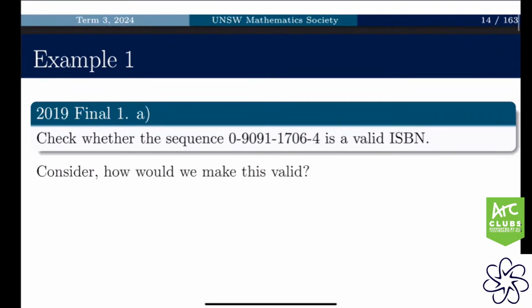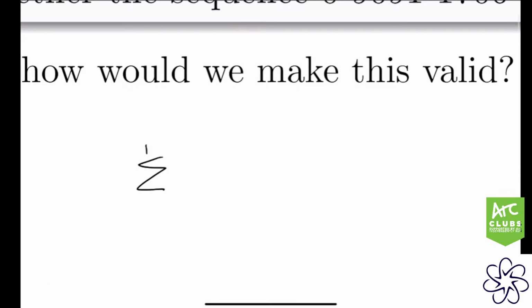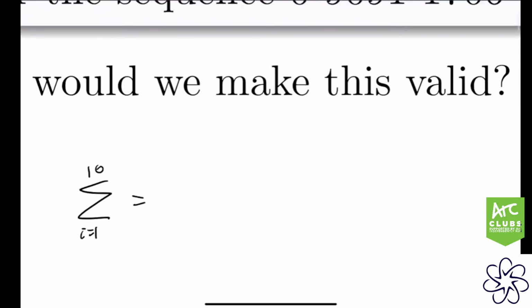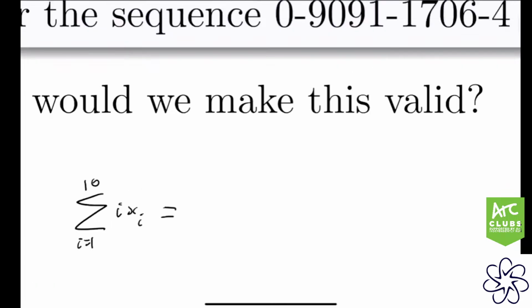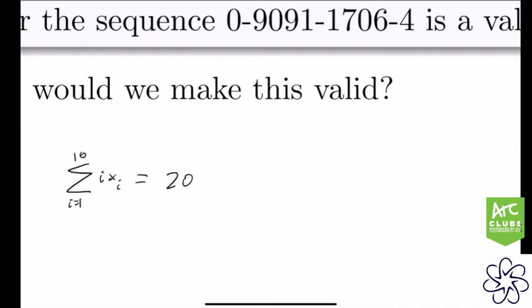So in this example, we can take the check bit and transform it. So we know that the first 10 numbers summed together, or the syndrome of the code, is going to be equal to 208, right?